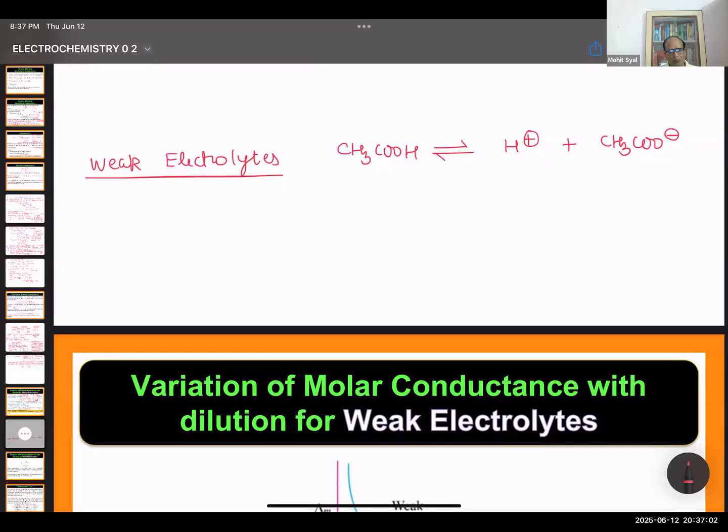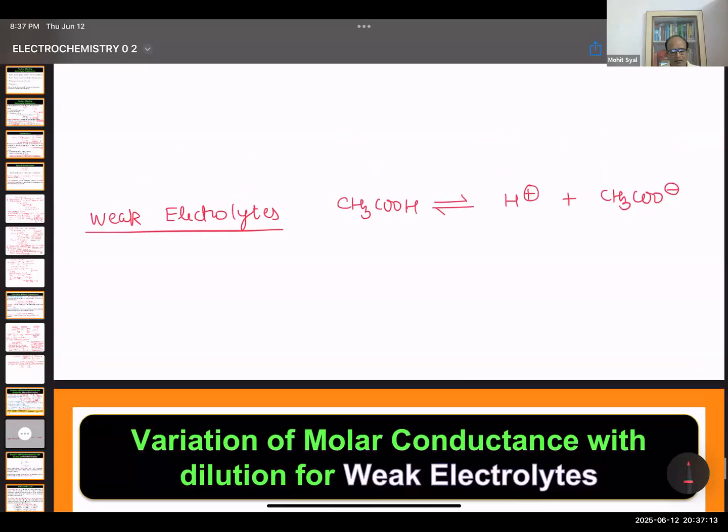But as you are putting more and more water, consider the degree of dissociation, which means out of 1 mole how much has dissociated. Suppose alpha is 0.5. Alpha is the degree of dissociation. It means out of 1 mole how much is dissociated? Half. So half of the acetic acid is dissociated as H plus and acetate.